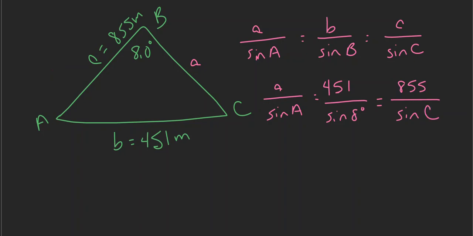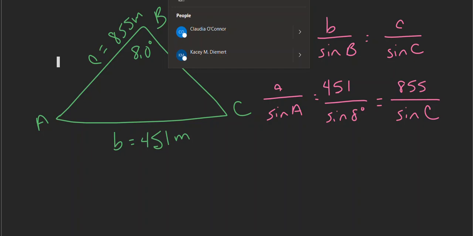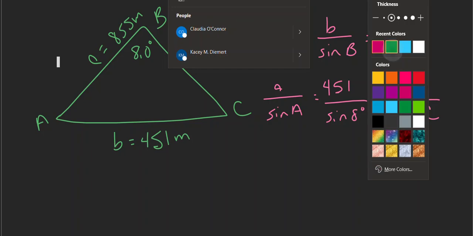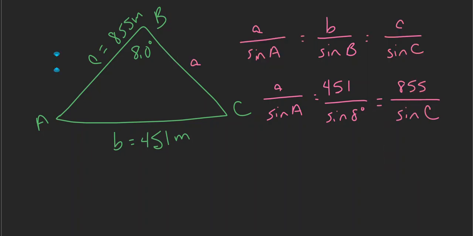So the first thing we're going to find is angle C. I'm going to multiply 855 times sine of 8 and then divide by 451. 855 times sine of 8 degrees divided by 451.